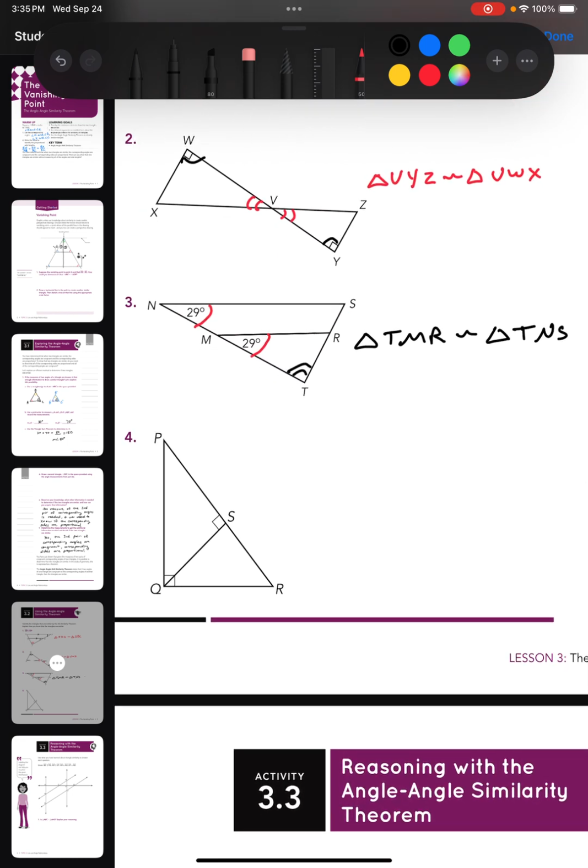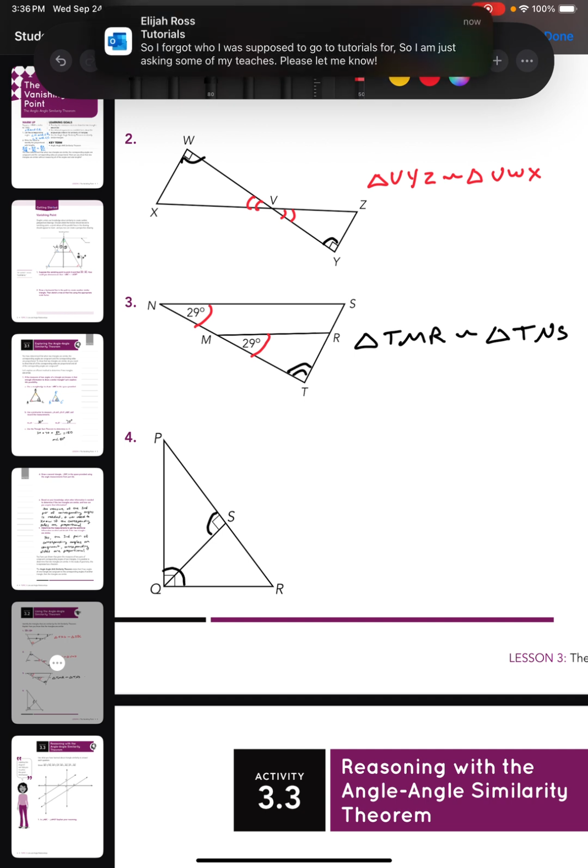And for number 4, so we got 2 triangles. These are kind of turned at a different angle, but we know they share that right angle. We have an angle here that is equal to each other, the small angle PSQ, and then this angle PQR.